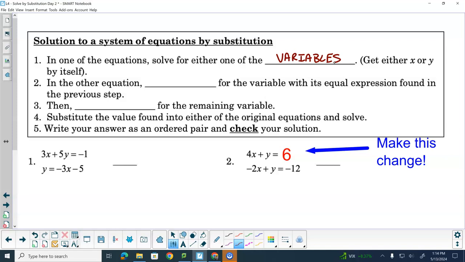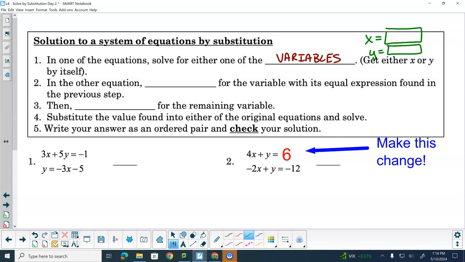So this one, we want it to look like either x equals something or y equals something. That's what we want it to look like. Then, in step 2, in the other equation, so we used one equation, now we can't use that equation anymore.